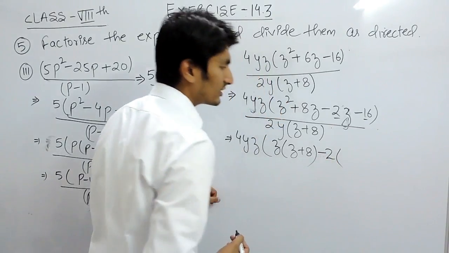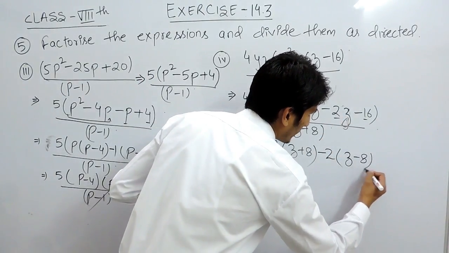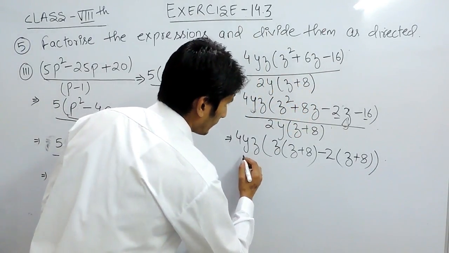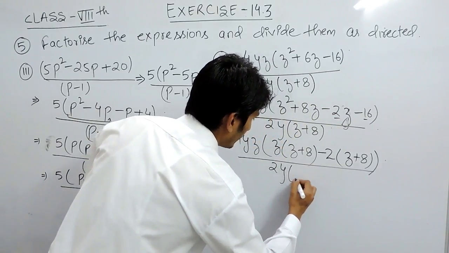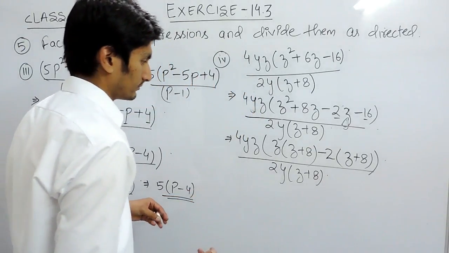So you have to take minus 2 as common so that their sign gets changed. So minus will become positive, and this whole upon, this is 2y, and this is y plus z plus 8.